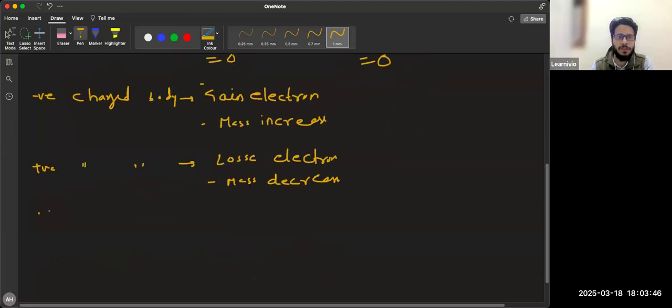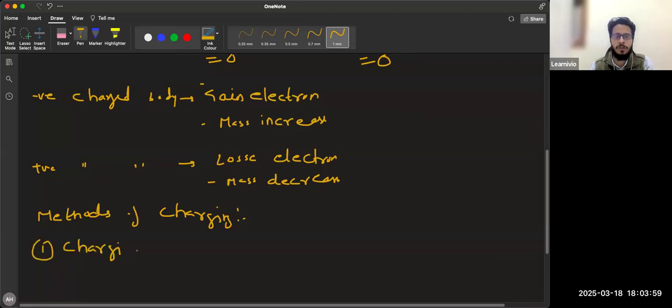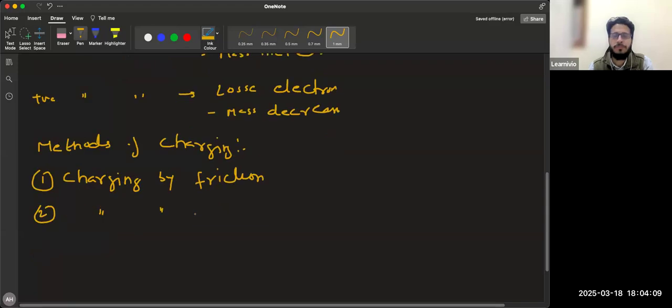Then we have methods of charging. There are 3 methods of charging. First is charging by friction. Second is charging by conduction.